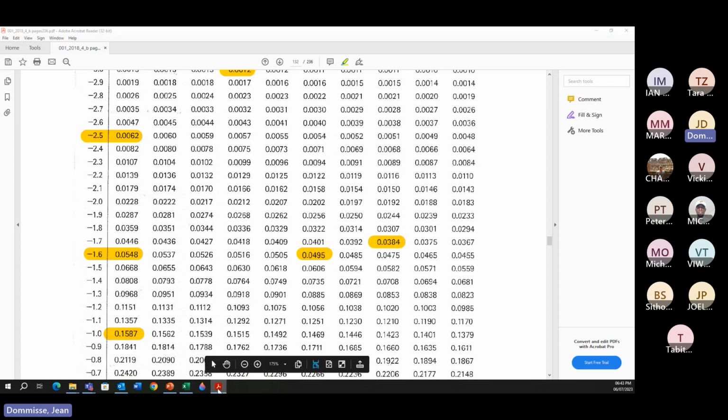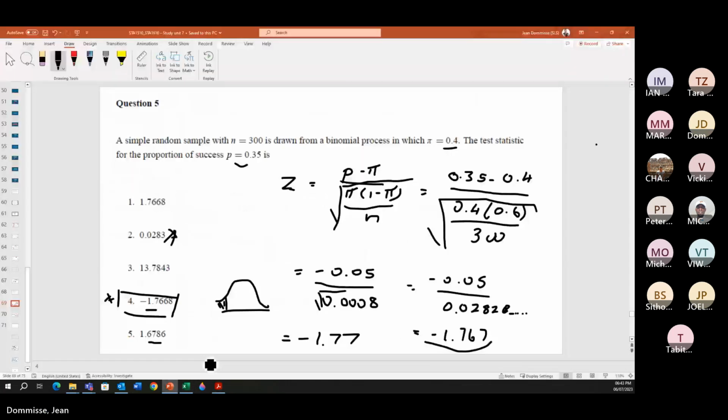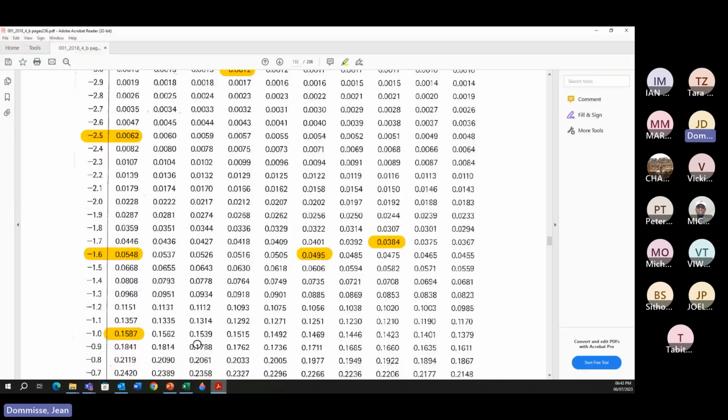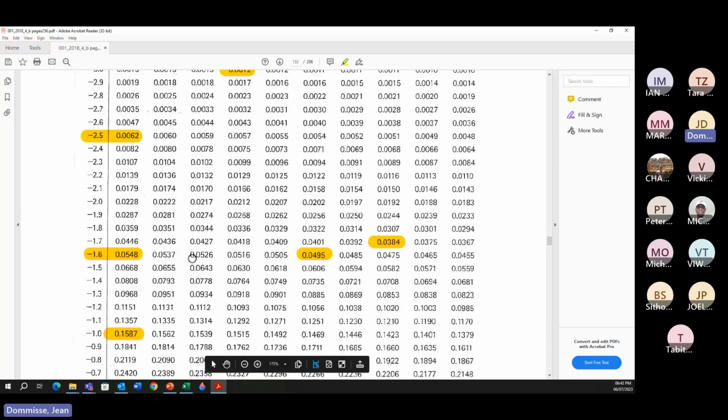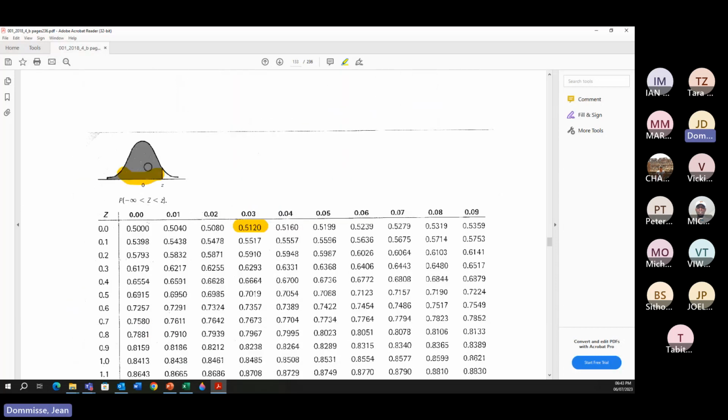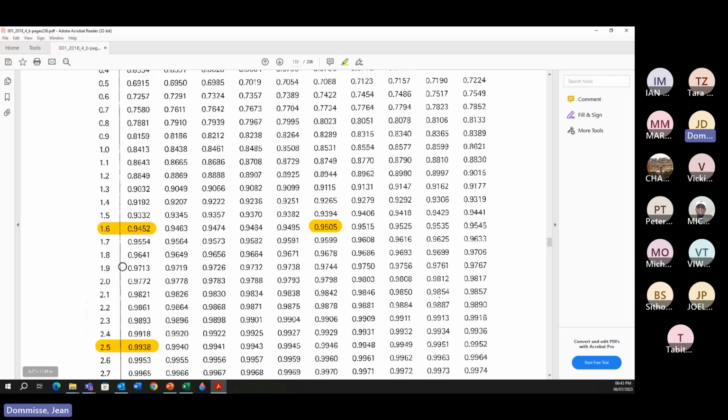If it was bigger than that and we needed to work out this proportion, we could have just used the positive table of 1.77 because that is the big fat area that we're looking for, 1.77, and there we have the 0.9616.